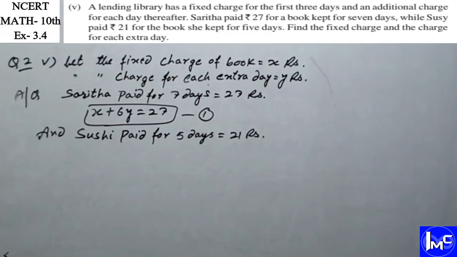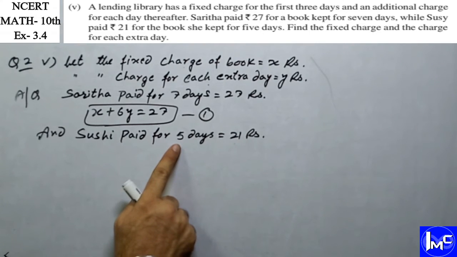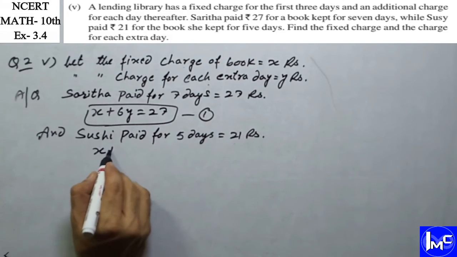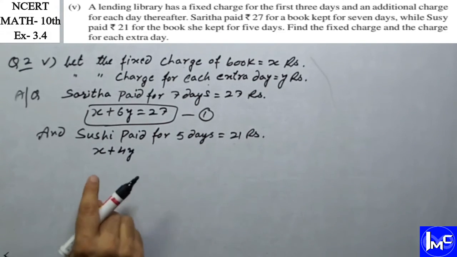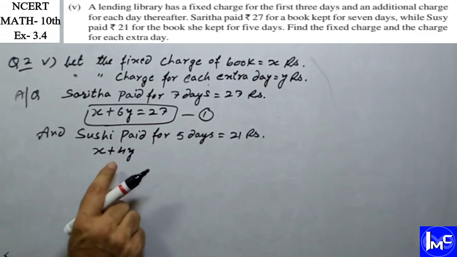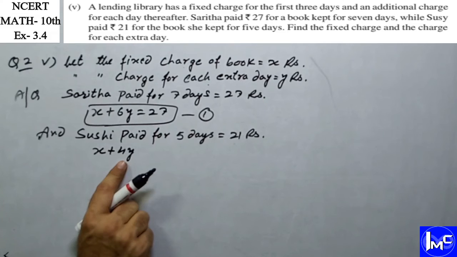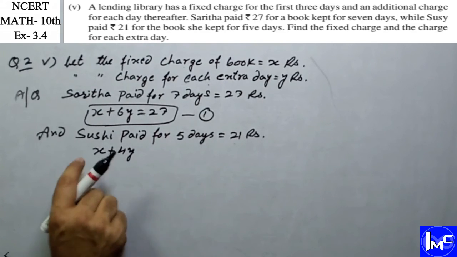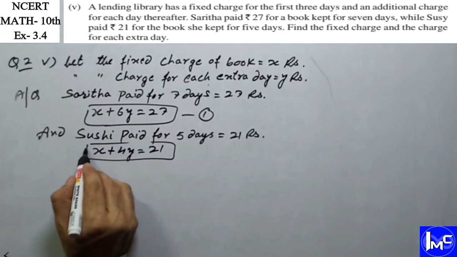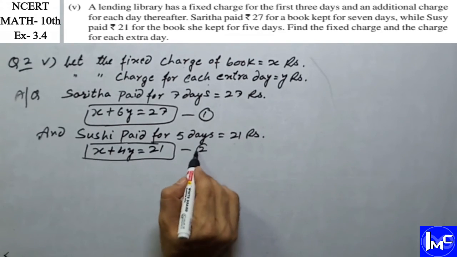So the charges for 5 days will be x plus 4y. x is the fixed charge of the book for the first day, and the remaining 4 days will be charged as 4y, and the total charges will be 21, and this is our second equation.